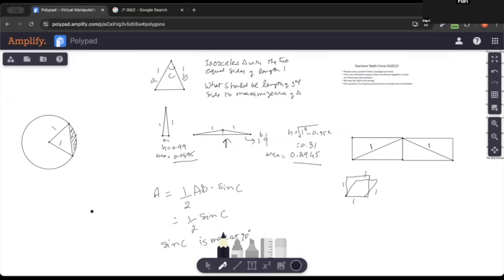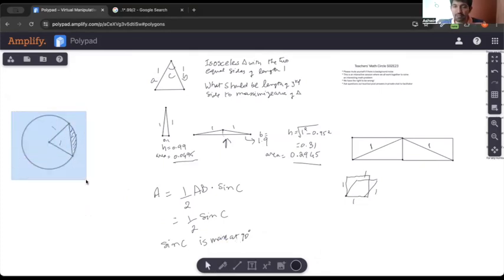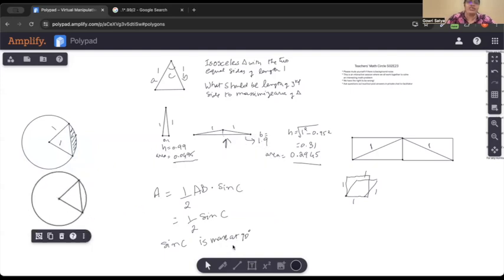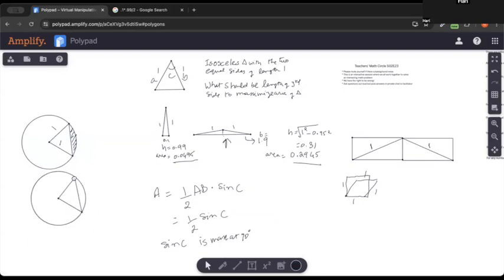You are trying to minimize the area of the segment to maximize the area of the triangle. But when you increase the angle, even though the segment that is cut off is bigger, the triangle's area itself is bigger.